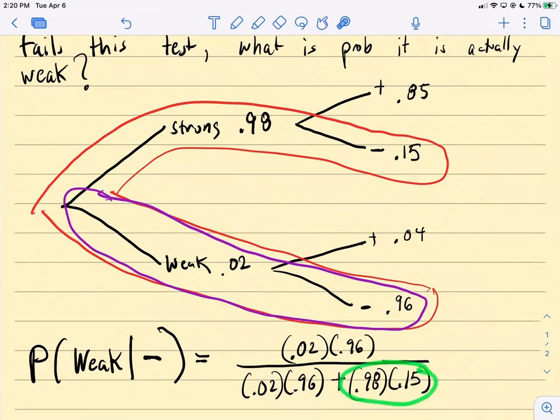That would represent this number. And the denominator overall is like, let's say there's 100 wires, 98 of them are strong and 2 of them are weak, and we applied the test, whatever machine they're using, to all 100 wires. The denominator would represent how many of those wires overall tested negative. So these are the wires that tested negative but were actually strong, and these are the wires that tested negative but were actually weak.